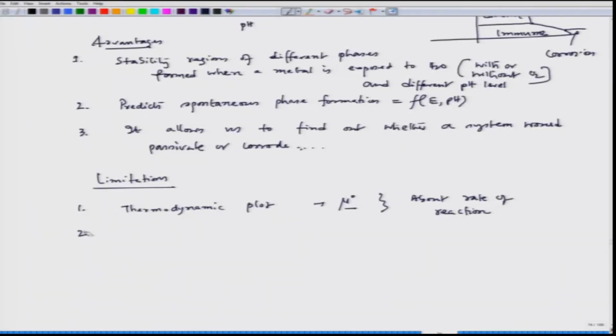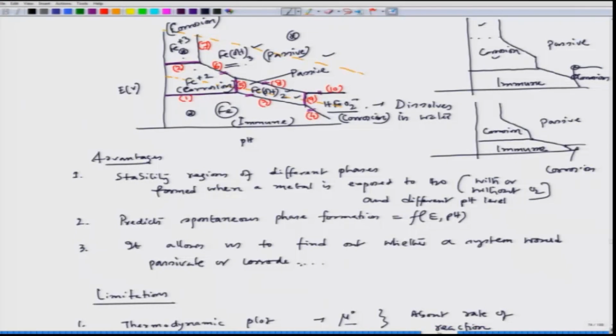Now, we do not have any information on kinetics of corrosion.